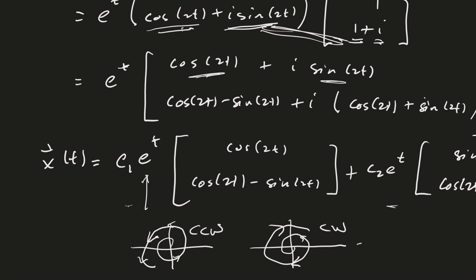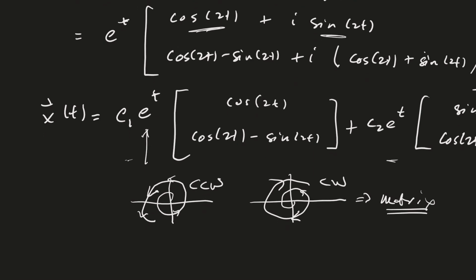And in order to determine that, we actually have to have the original matrix. But in both cases, you'll notice that we're spiraling outwards, and the direction is outwards because of the e to the t.